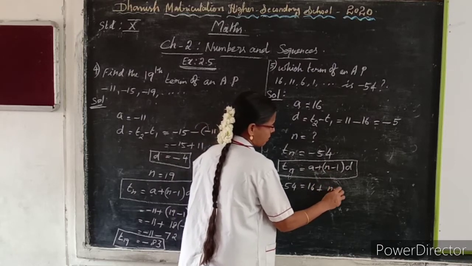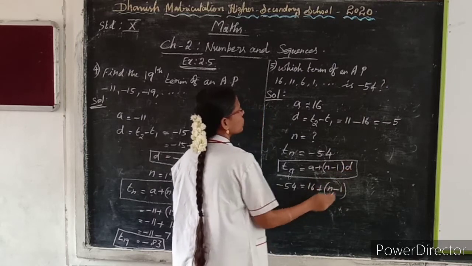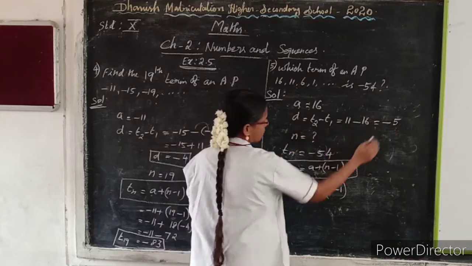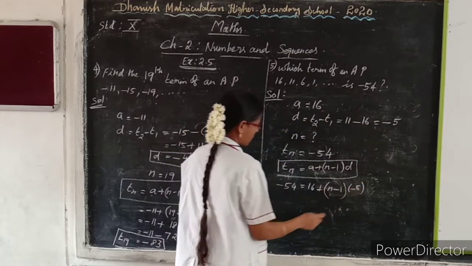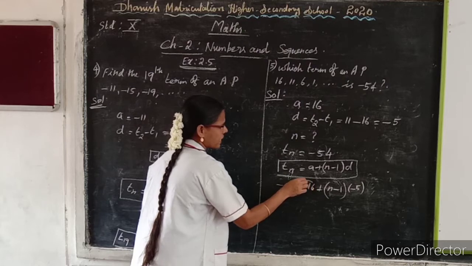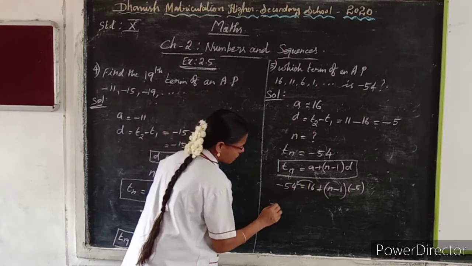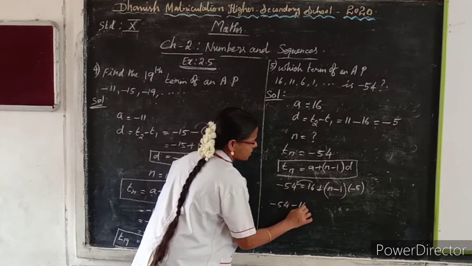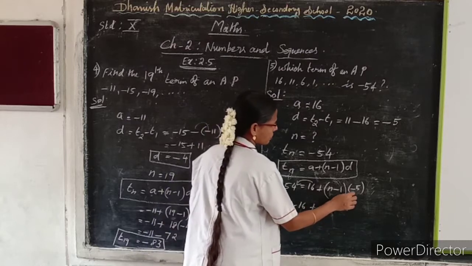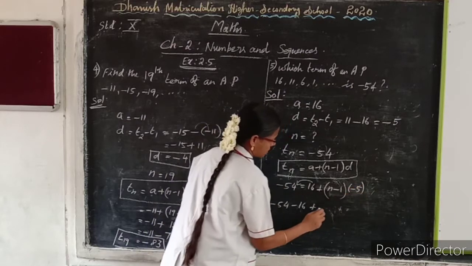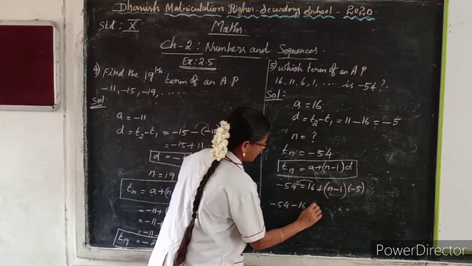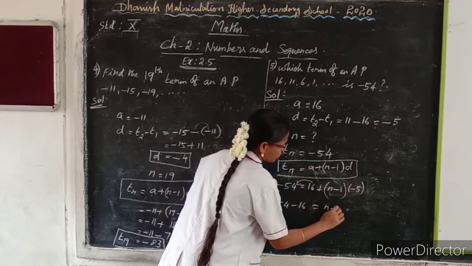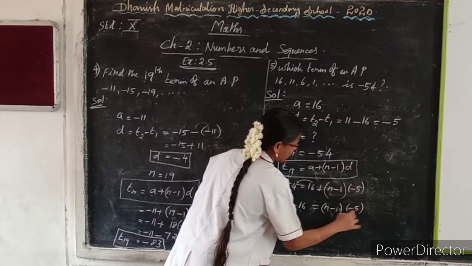So n minus 1 into D, which is minus 5. So minus 54, transfer this constant term to that side. Minus 54 minus 16 is equal to (n minus 1) into minus 5.